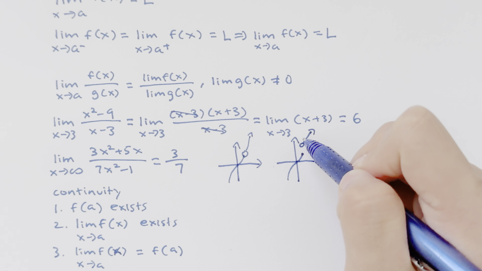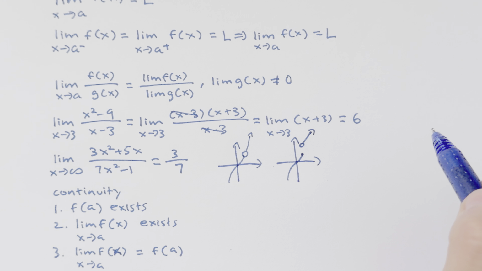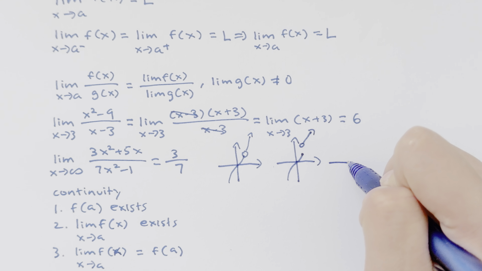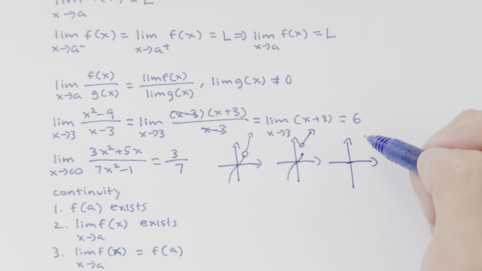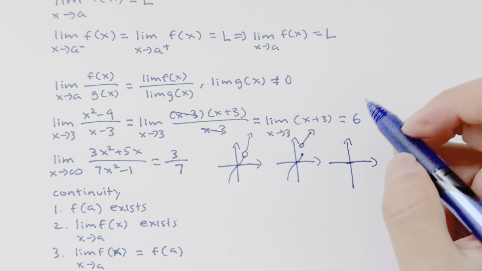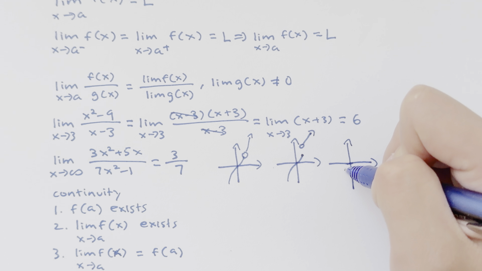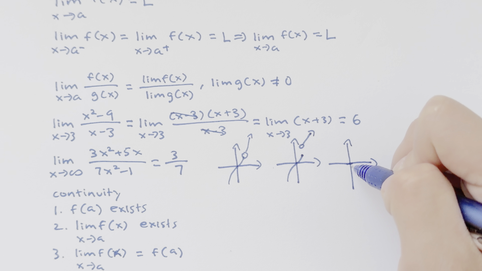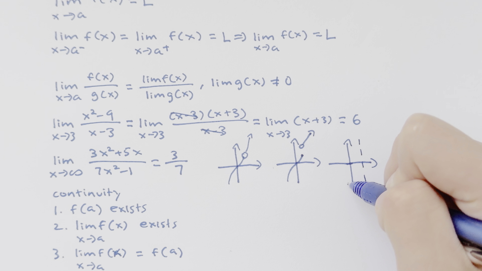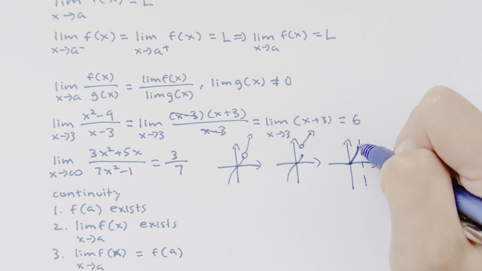So you jump from here to here, and this portion is not continuous. And the third one is an infinite discontinuity. Basically that means you have a vertical asymptote. So if you have it here, then the function approaches here.